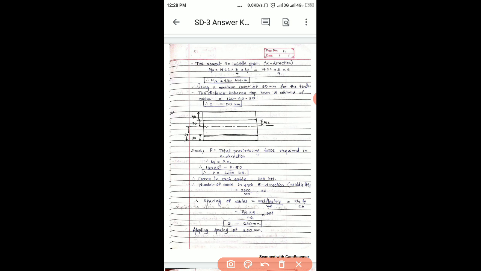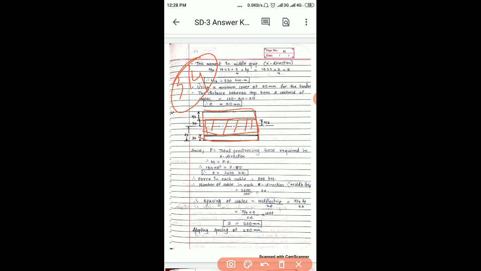Then we'll calculate the moment in the middle strip. For the middle strip we can take 3/4 of the width. Now this is the cross section of the slab, and whatever this part is, this is the middle strip, and we are going to design for this middle strip.